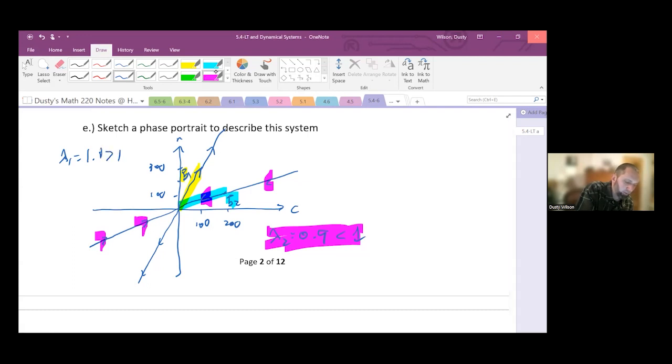And since it's bigger than 1, what color haven't I used? Since it's bigger than 1, we're going to end up with expansion along that particular path. So these are kind of our main directions that we have to track in our phase portrait.